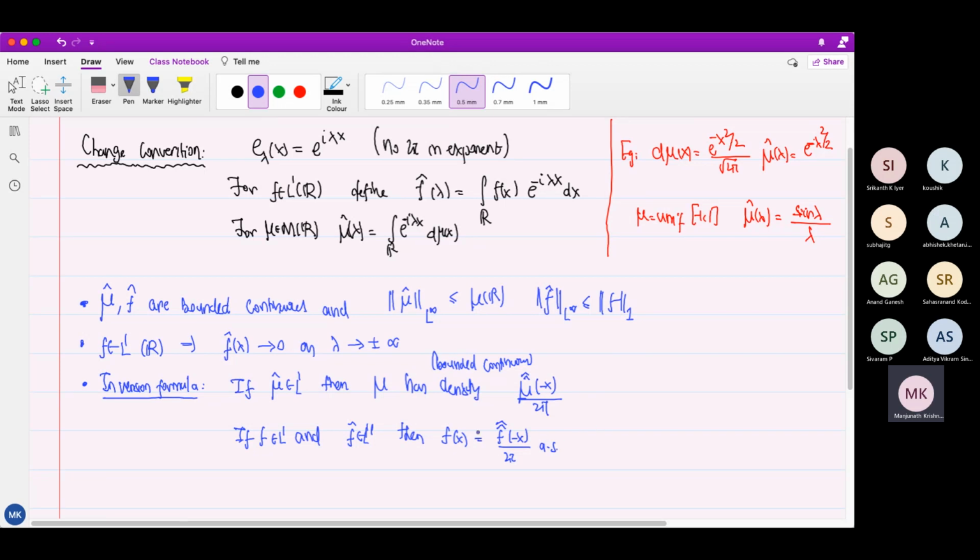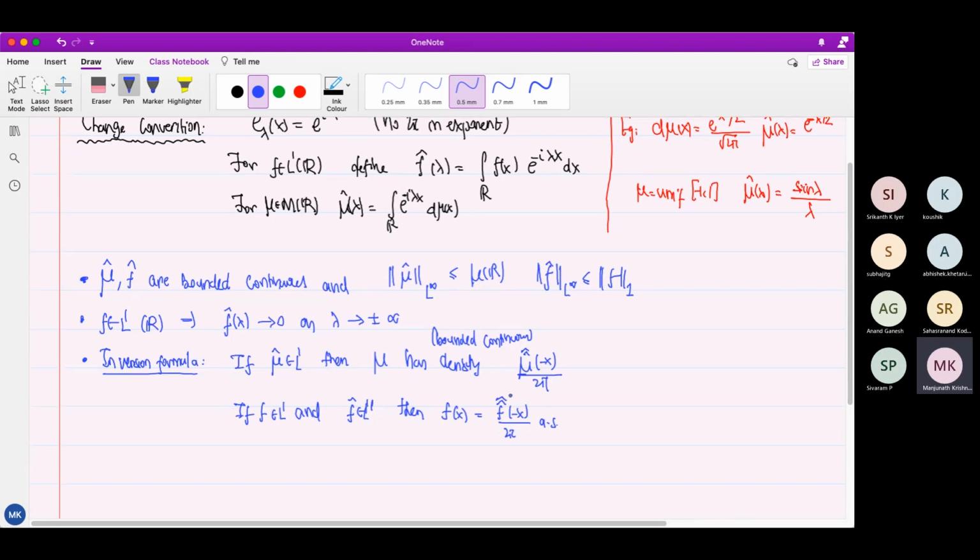Meaning that you can change f on a set of zero measure so that it is this bounded continuous function. So this is true.